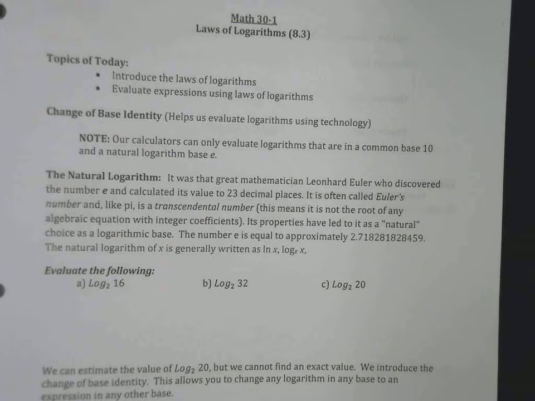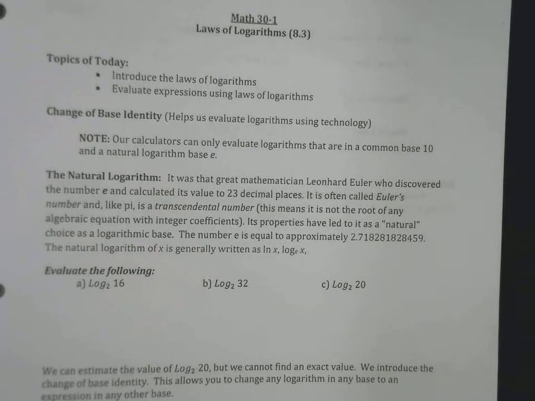Similar to pi, we have this number e, and he calculated its value to 23 decimal places. It is often called Euler's number, and like pi, it's a transcendental number. This means that it is not the root of any algebraic equation with integer coefficients.